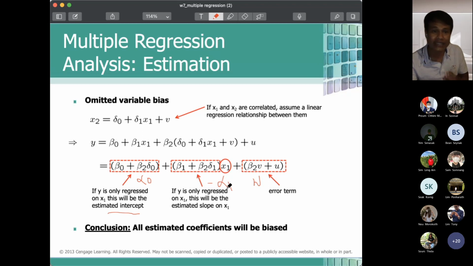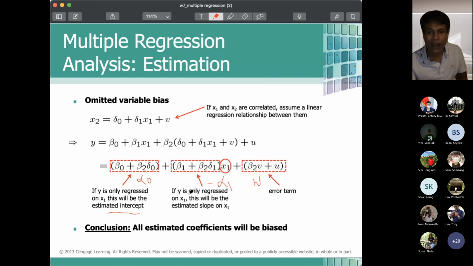And alpha 1 is the estimate that we all want, the effect of x1 on y. Originally, the effect of x1 is only beta 1. But now, because we omitted x2, this alpha 1 contains not only beta 1 but also plus beta 2 delta 1. This is bias. The same applies to the error term.